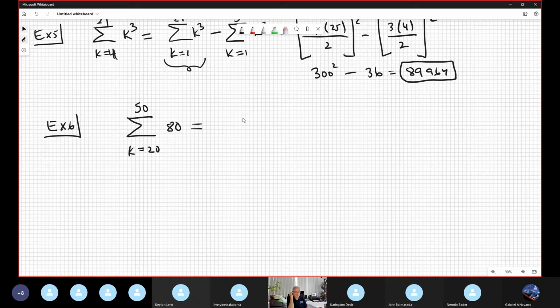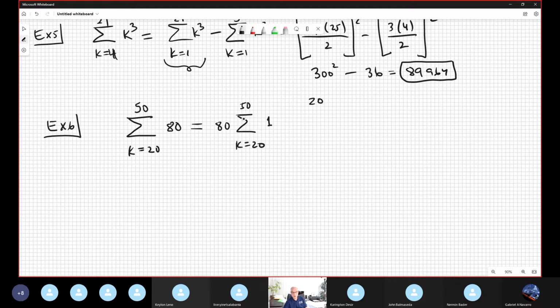You put 80 outside, if you want, and you have the summation from k equal 20 to 50 of 1. In between 50 and 20, there are 31 elements.